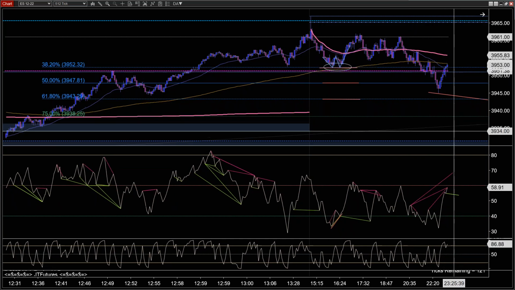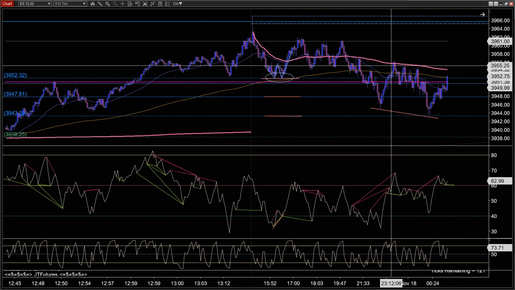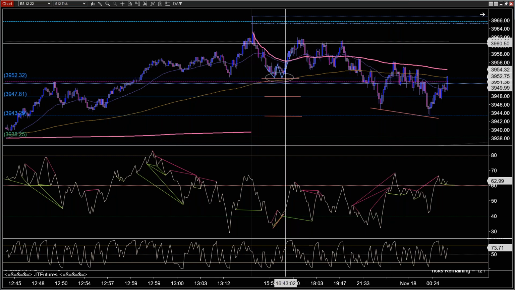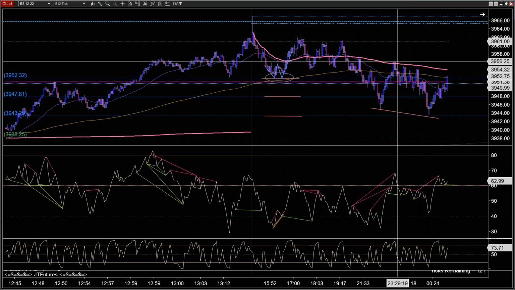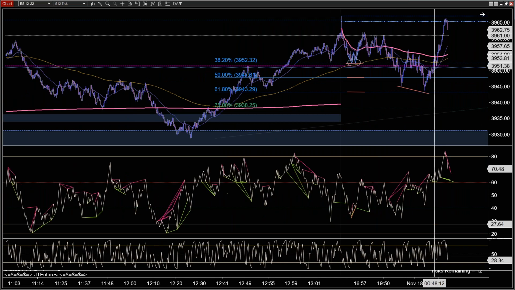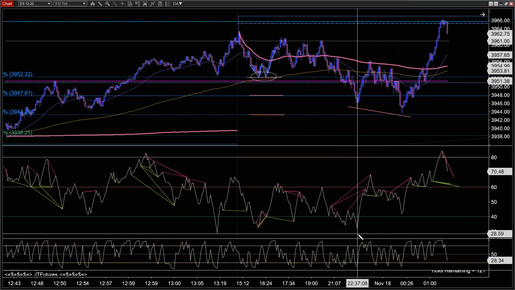So it does end up bouncing. Interestingly enough, it reacts right off of VWAP, which is one of our moving averages, which is something I haven't spent enough time showing you here just yet, but came right into it, pulled back, and then we bounced 1 tick in front of the 61.8. And in this instance, look at the divergence that we got here.